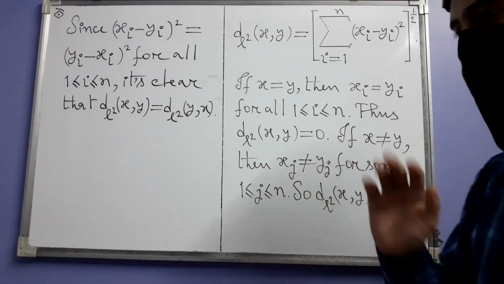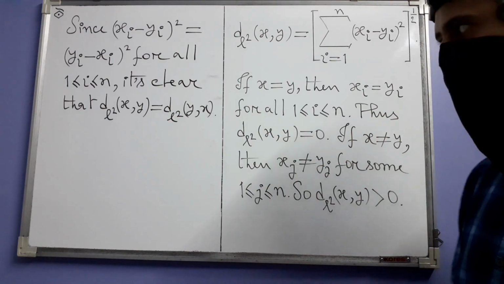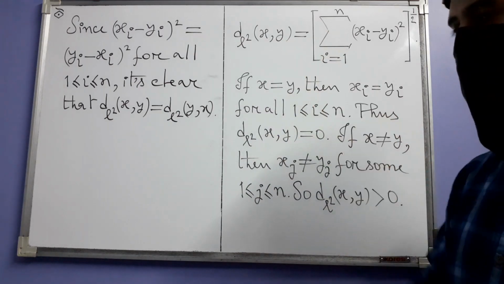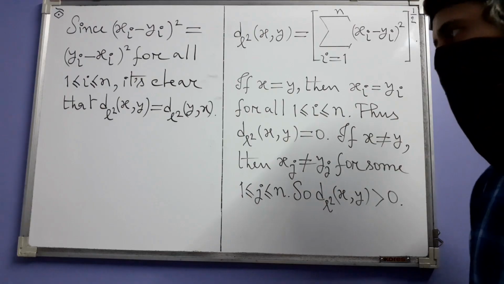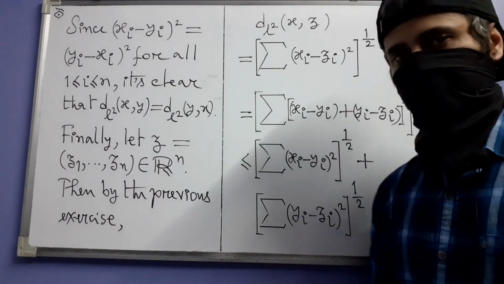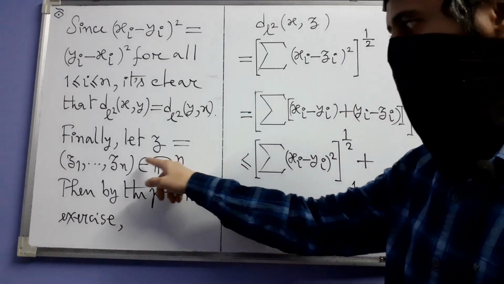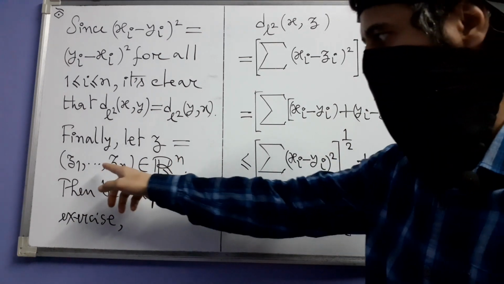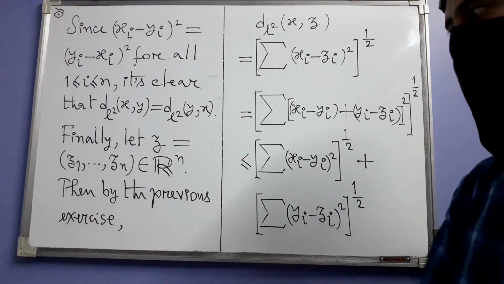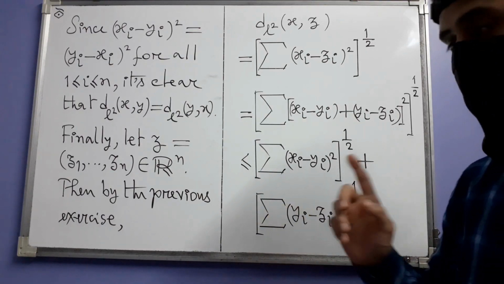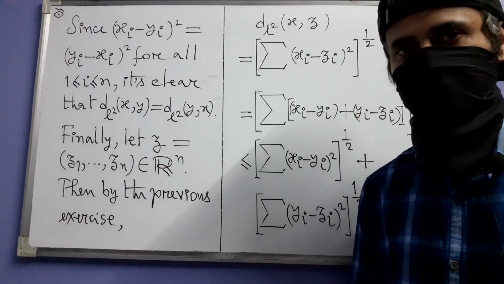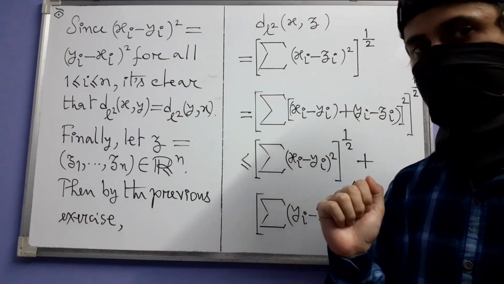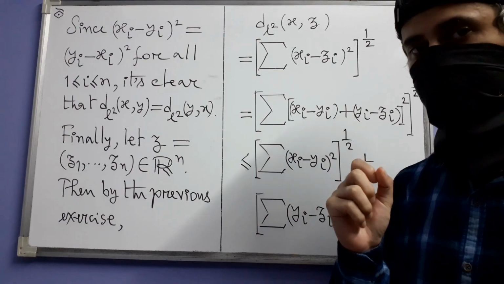And finally, we go for triangle inequality, for which we are going to need another n tuple besides x and y. So let's see that next. So accordingly, we take this n tuple z whose components are coordinates zi in Rn. Then by the previous exercise, which had some inequalities, the Cauchy-Schwarz inequality.